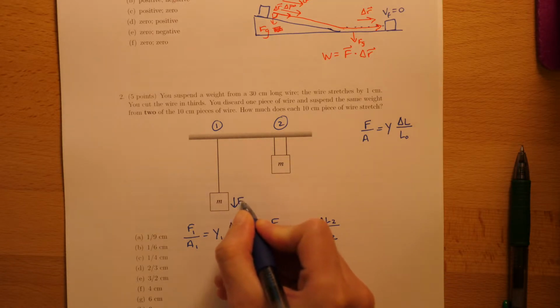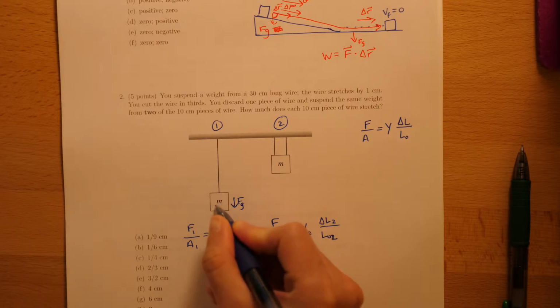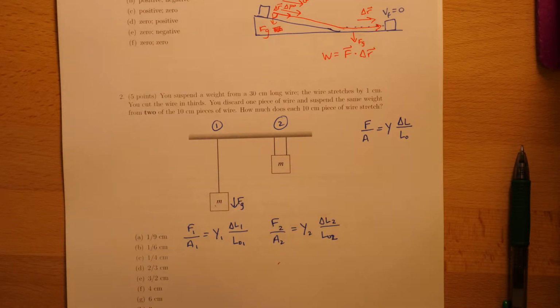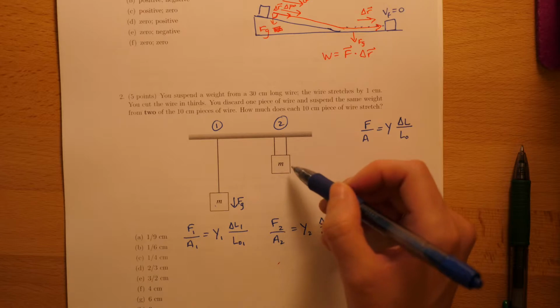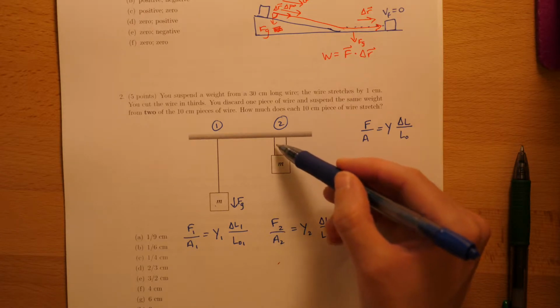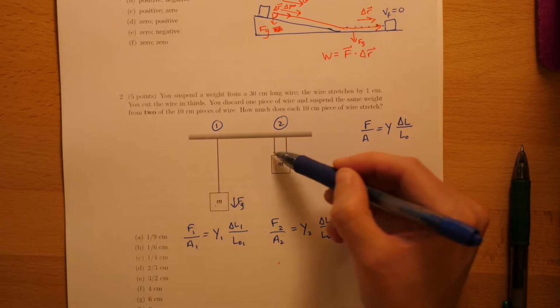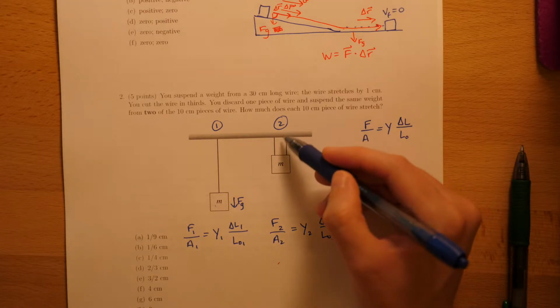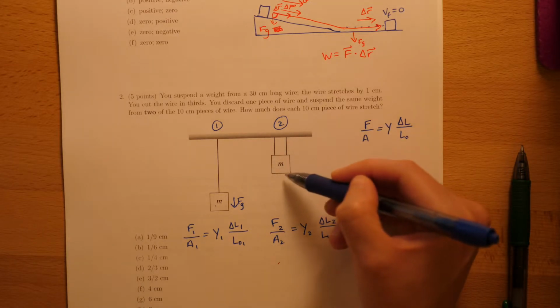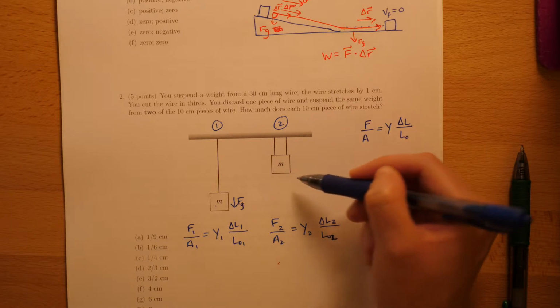It's going to be equal to the force of gravity that's acting on this mass. And it's going to be the same over here. So over here we have a choice. We can either say, okay, the cross-sectional area is bigger because there's two wires, or we can say that each wire is supporting half of this mass.